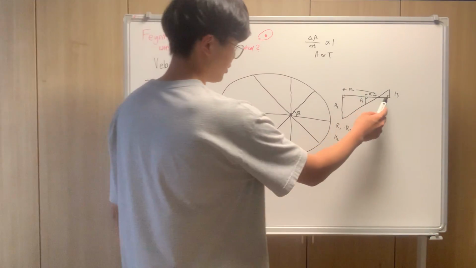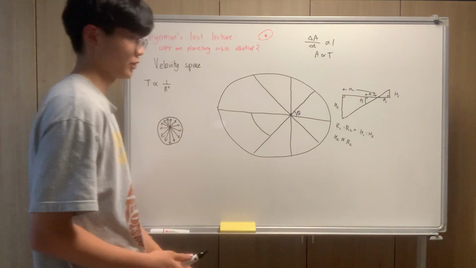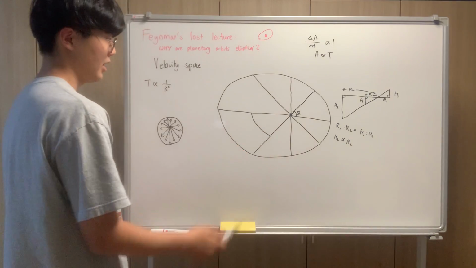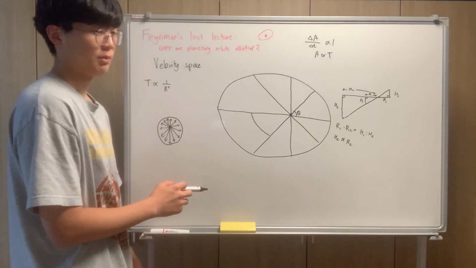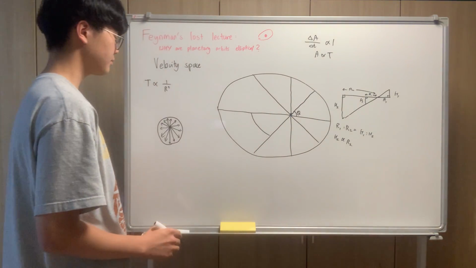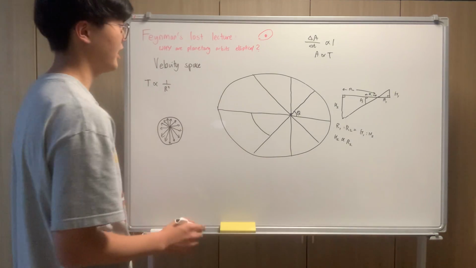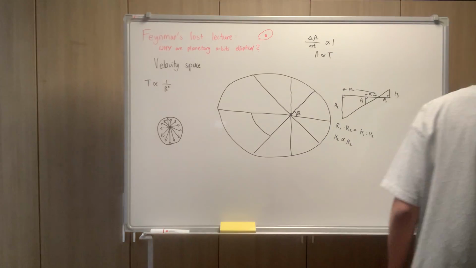And so here the area we get is R1 times H1 over 2, and here we get R2 times H2 over 2. And because H2 is proportional to R2, the area is going to be proportional to the radius squared. And because the area is proportional to time, we get time is proportional to the radius.